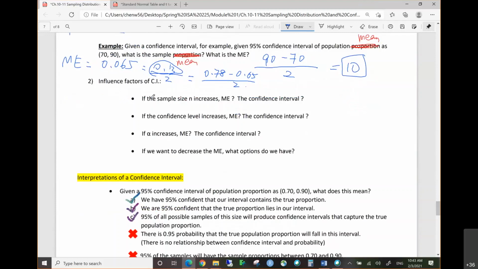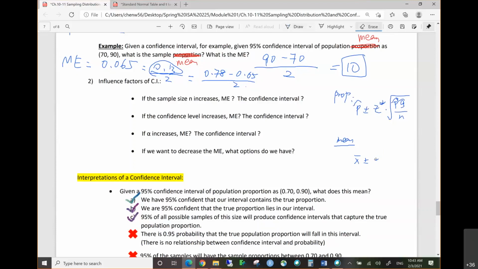Right, so we have 3 formulas. For the proportion, we have p hat plus minus z star times the square root of p hat q hat over n. For the mean, we have x bar plus minus the t star. Let's use the z star first.